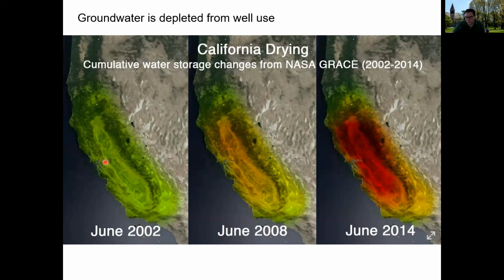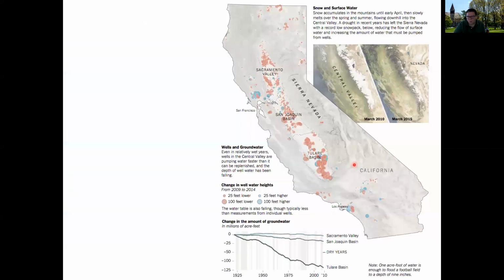This gives you a sense of water levels in the soil and in the surface of this area, and all of them showed a trend towards decreasing levels of water in that region. Part of this issue with pumping the groundwater, as I mentioned earlier, is that as you continue to pump water out of the groundwater, you can see these long-term depletions of the aquifer. So this is the Sacramento Valley up to the north.